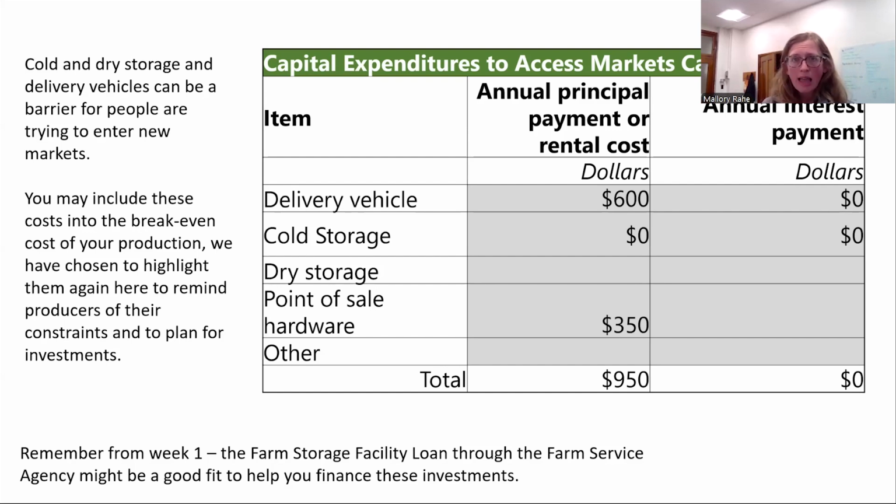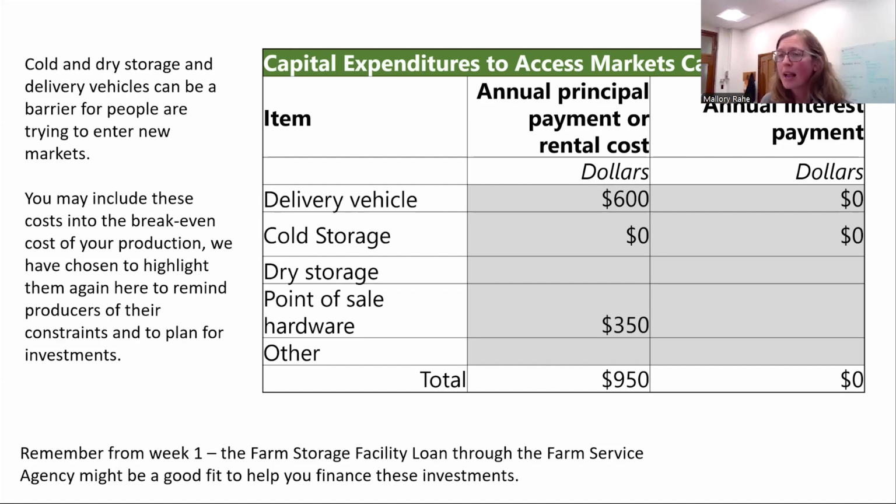We chose to highlight it here, and you can enter things in here, or you can kick these costs over somewhere else in the way you look at the price of your products, to highlight how important these constraints are, and to show producers, if you truly could ramp up sales, yes, you might need a delivery vehicle or cold storage, but how much would you have to ramp up in order to truly afford to make these investments? Or how do you start renting capacity and then being ready to buy capacity?